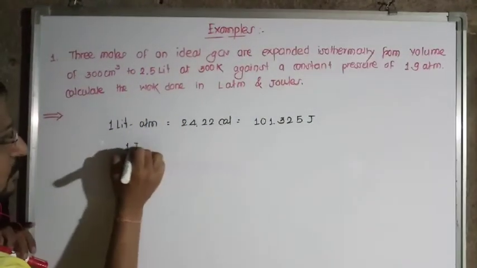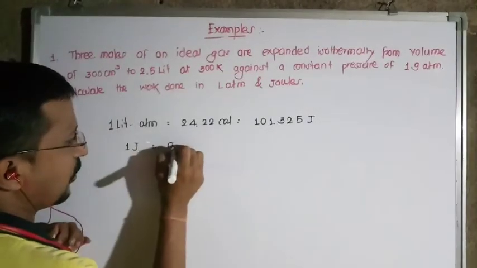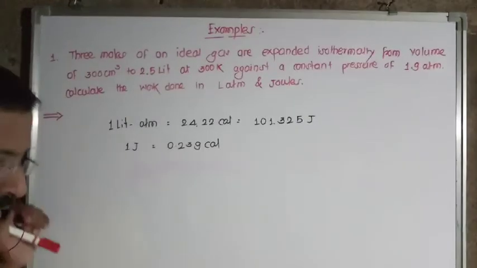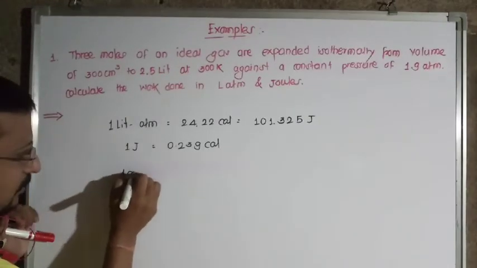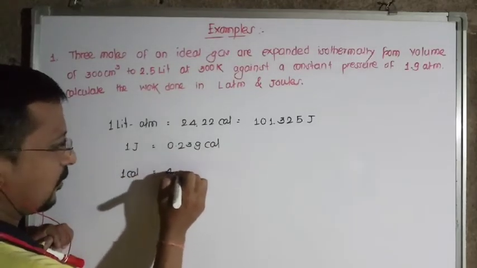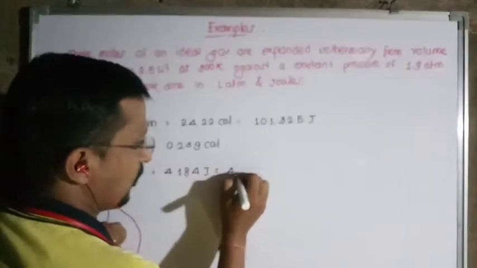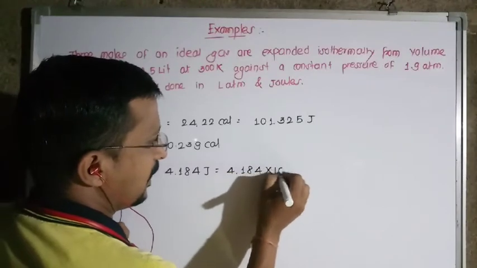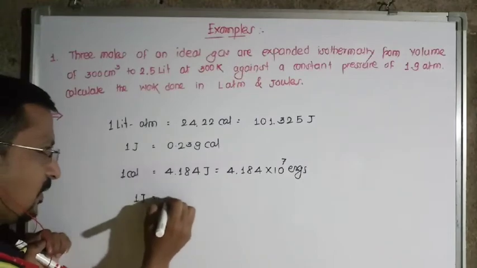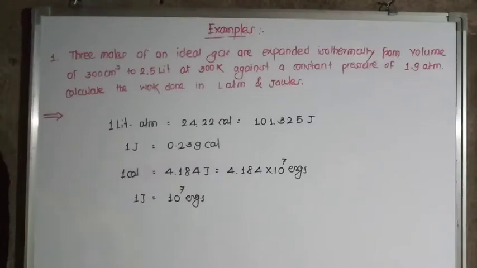Or 1 joule is equal to 0.239 calories. Or 1 calorie is equal to 4.184 joule, which converted into ergs is 4.184 into 10 raised to 7 ergs. And 1 joule is equal to 10 raised to 7 ergs. So these are some conversion factors.